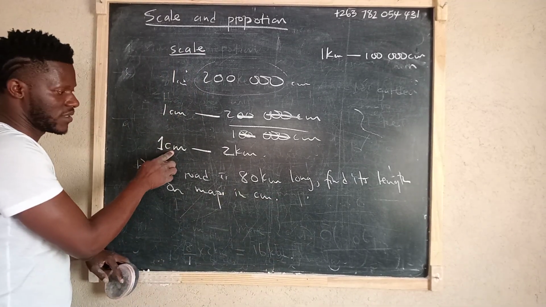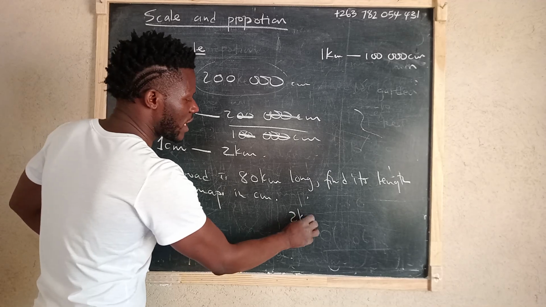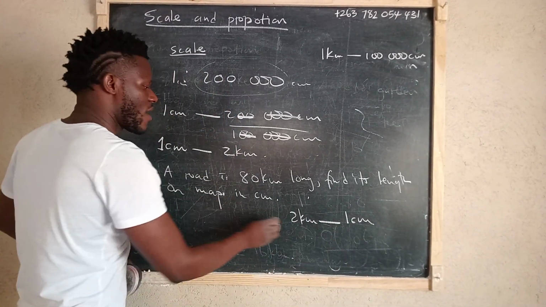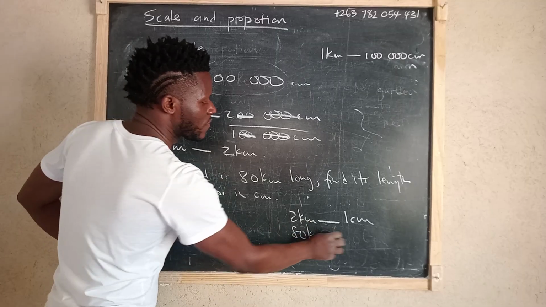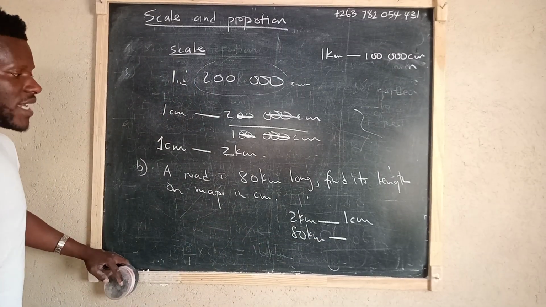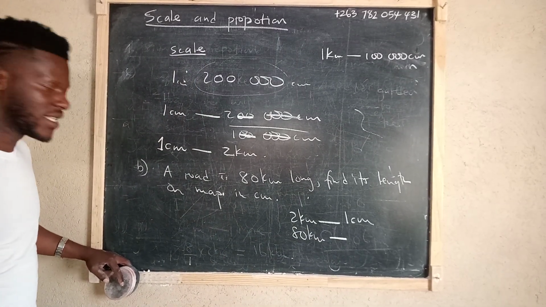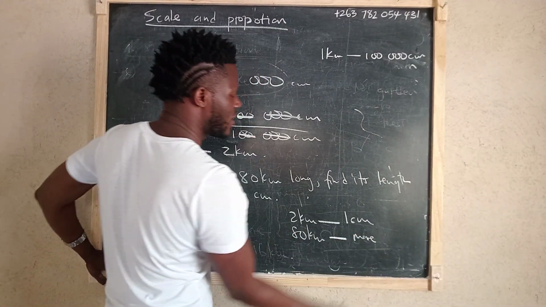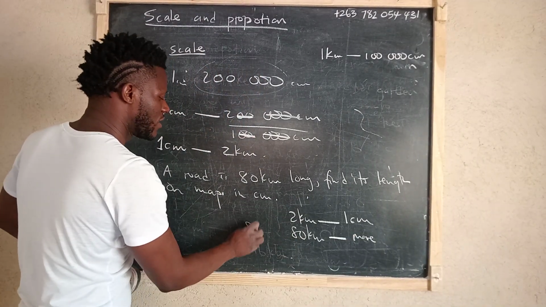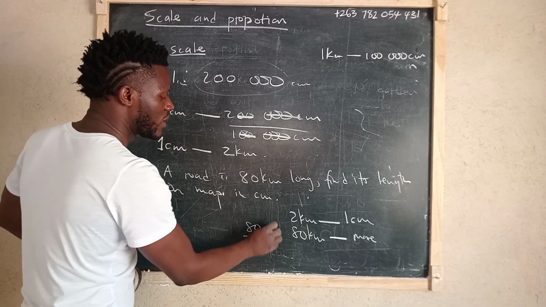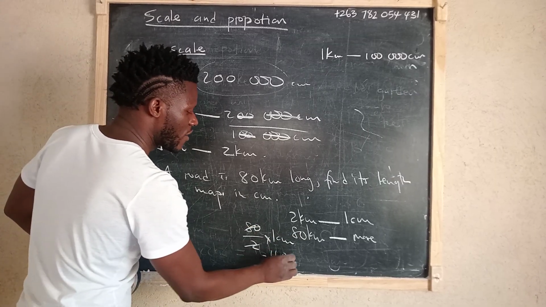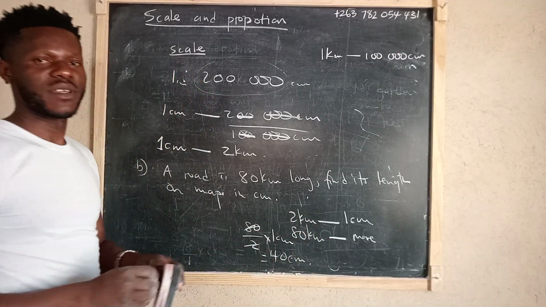We still use this scale. If 2 kilometers are represented by 1 centimeter, how about 80 kilometers? 2 kilometers are represented by 1, so 80 kilometers will be represented by more than 1 centimeter. So the bigger number is the numerator, 80 over 2 times 1 centimeter, and we get the answer 40 centimeters.